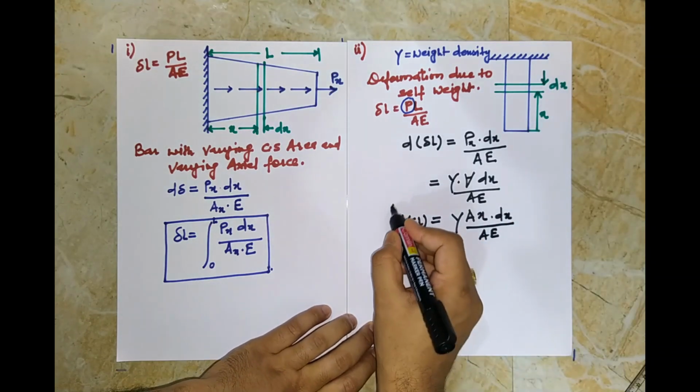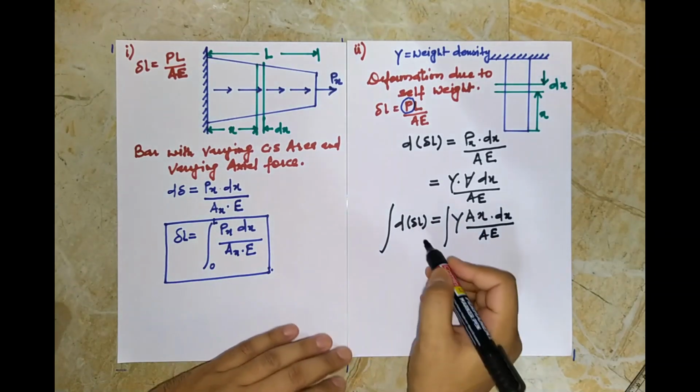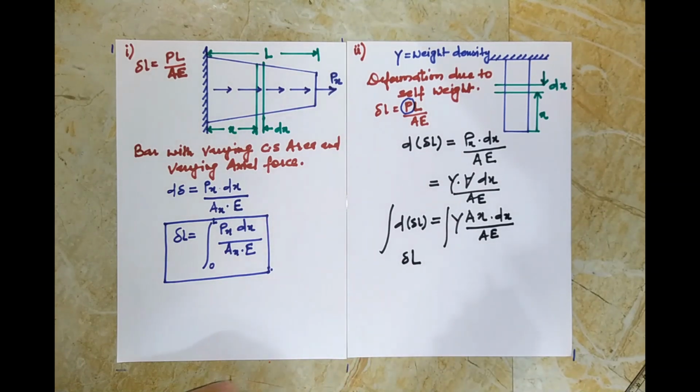Now if we integrate, it becomes the total change in length of the prismatic bar hanging under its own weight.